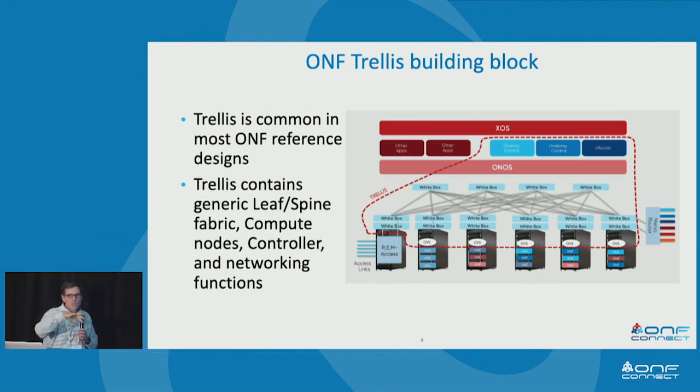Down below those networking switches are compute nodes and/or storage nodes in some situations, and networking devices that provide access onto the network, onto that Trellis building block. So this is a building block that is consistent throughout 4 of the ONF reference designs, and where a lot of these common open hardware designs are used.